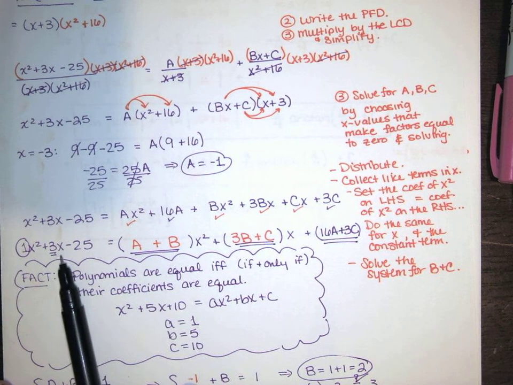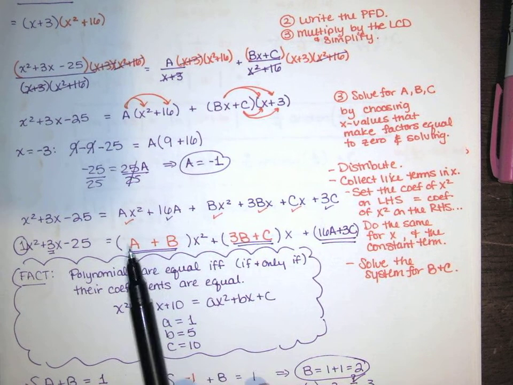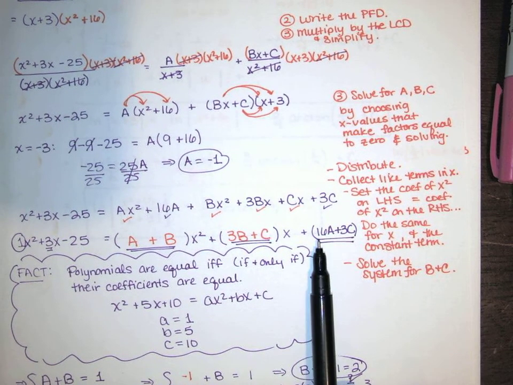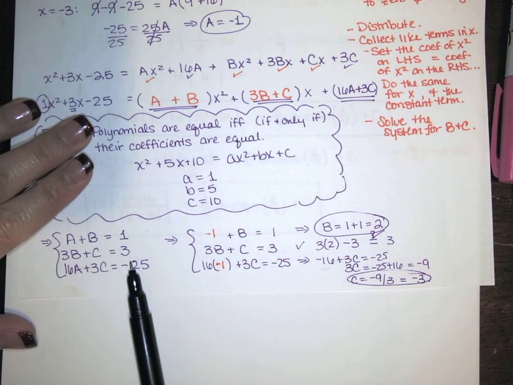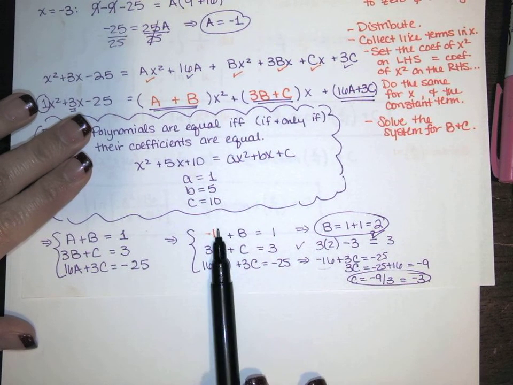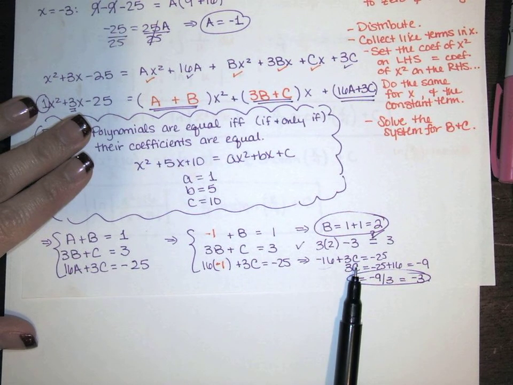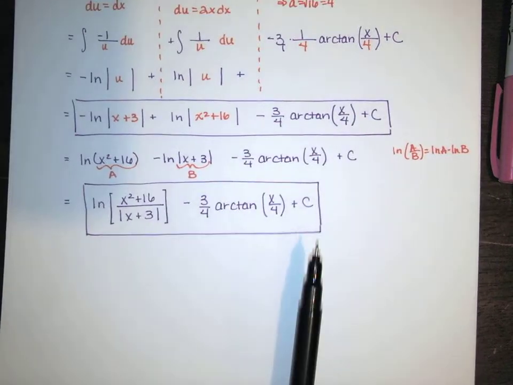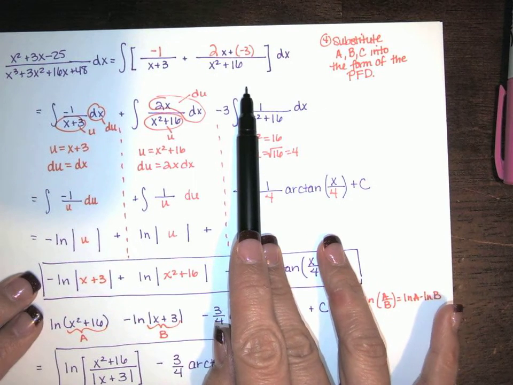The coefficient of the x on this side, which is a 3, has to equal the coefficient of the x on this side. The constant on this side has to equal the constant on that side. And so you get 3 equations and 3 unknowns. Because of our linear factor, we already know the value of a, so we can solve these for b and c. Then, as always, we back substitute and anti-differentiate.